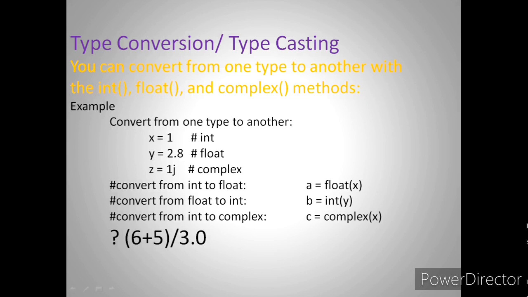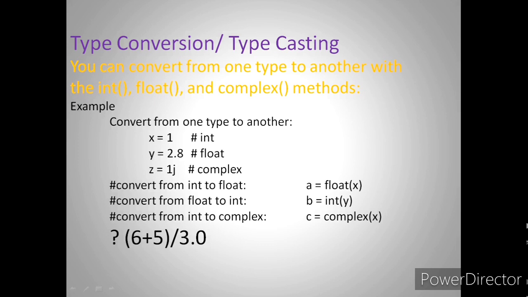No, sir. No. Now here is one question for you. What value will you get over here? 6 plus 5 divided by 3.0. 3.66. So you are getting a value which will be of float type, isn't it?